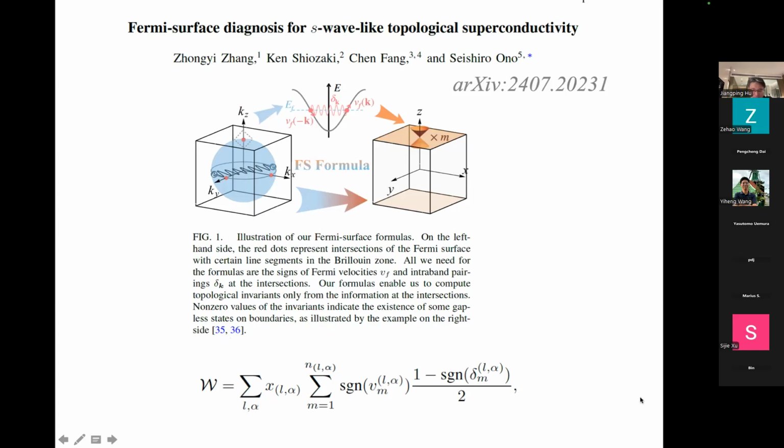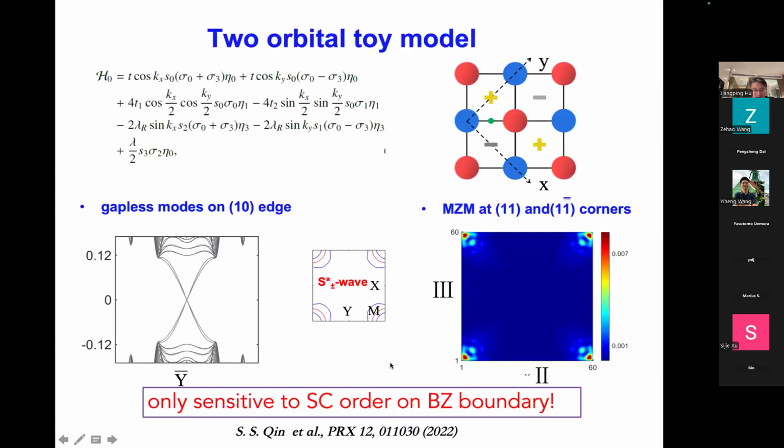They provide a very good formula here. But our case is simpler. So for our model we can write down these types of band models like this, and you can calculate all these properties.